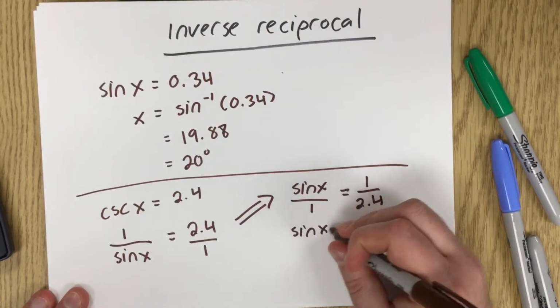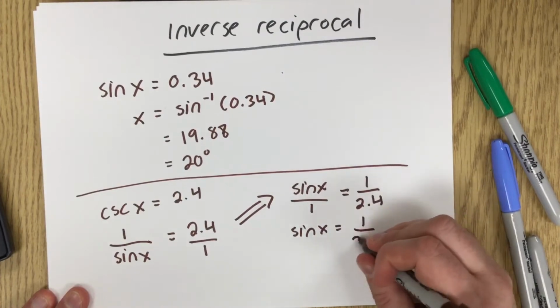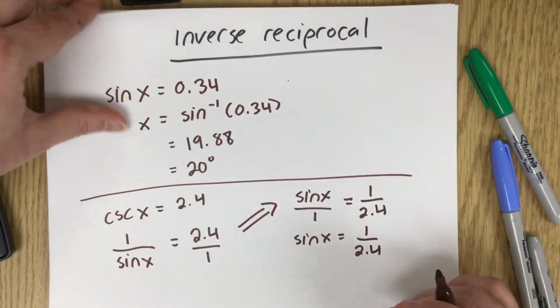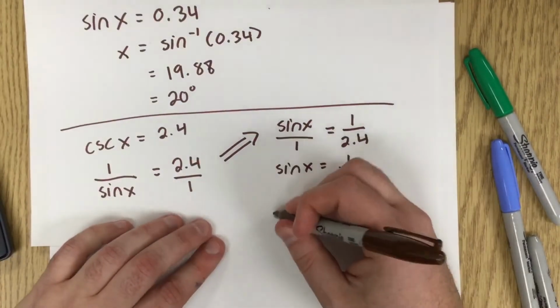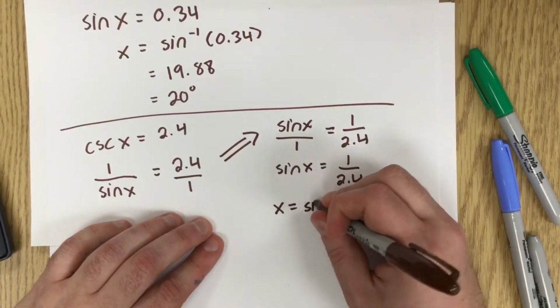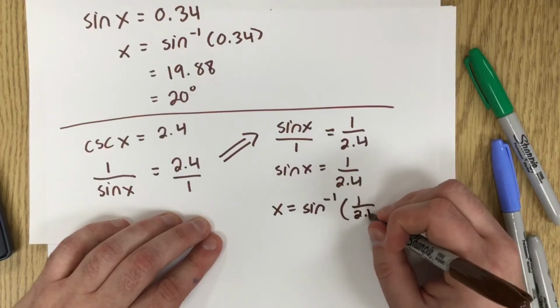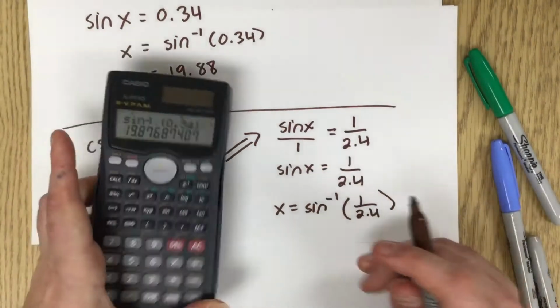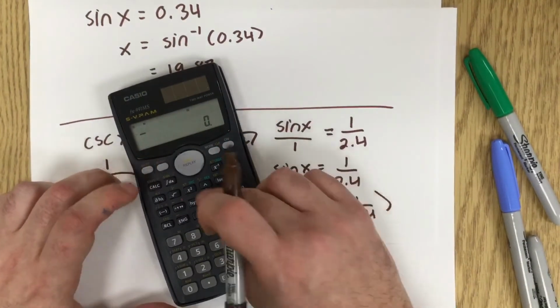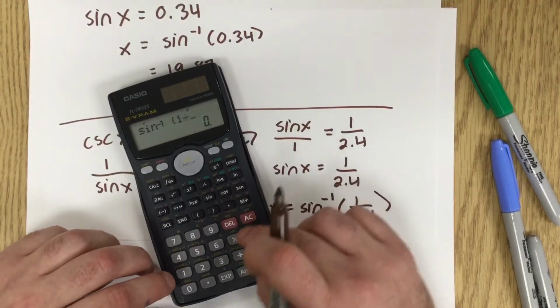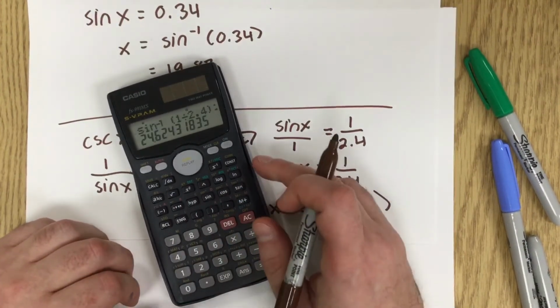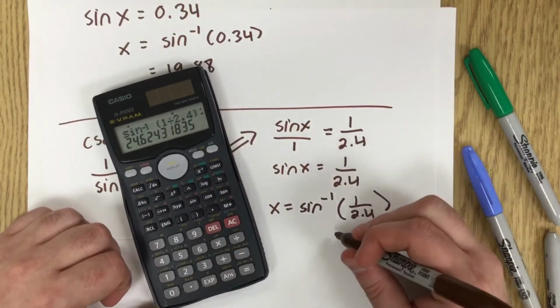So sine x equals 1 over 2.4, which means that x is the inverse sine of 1 over 2.4. The inverse sine of 1 divided by 2.4 is 24.6 degrees.